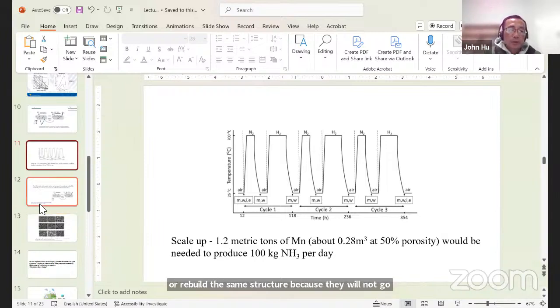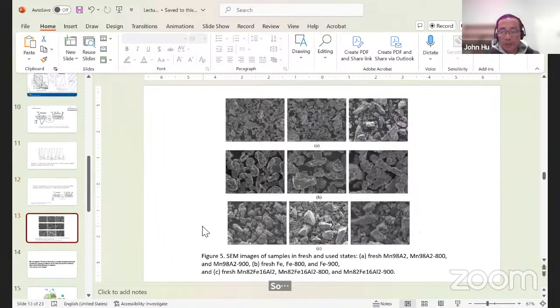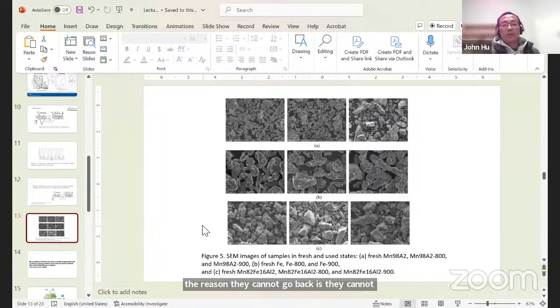The reason it cannot go back is they have the SEM picture. Look at the picture from the beginning like this, and then the second cycle like this, the third cycle like this, they're changing, right? I think everyone understands SEM.